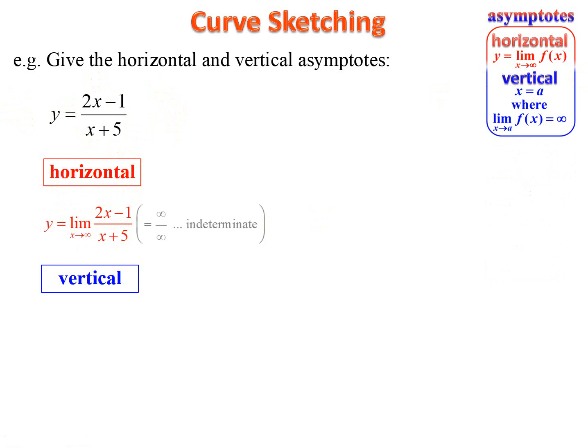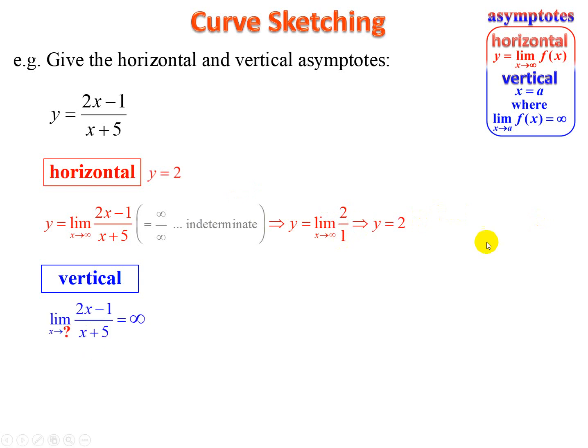That's infinity over infinity, which is indeterminate, so we can use L'Hopital's rule. I can say y equals the limit of the derivative of the top, which is 2, over the derivative of the bottom, which is 1. That's become a constant, and the limit of any constant is always the constant. So therefore y equals 2.